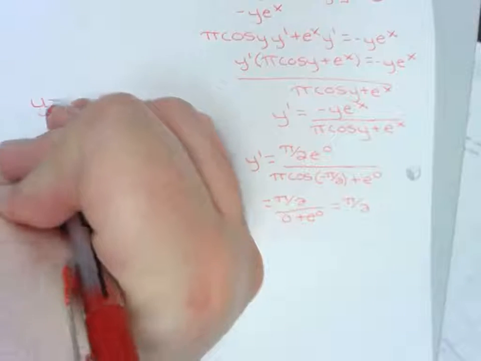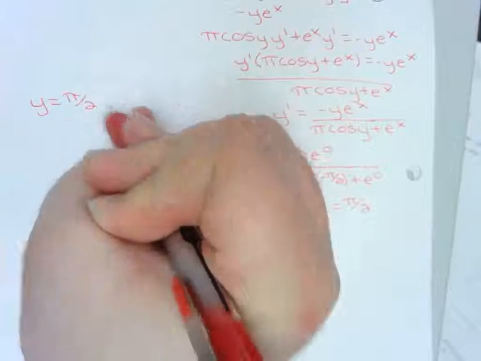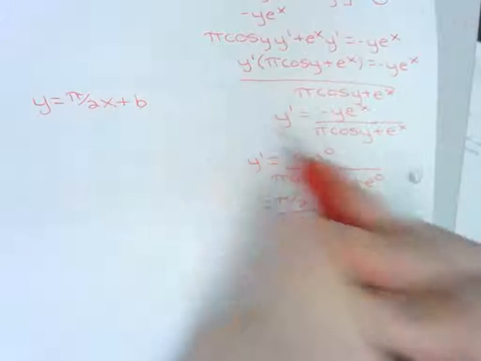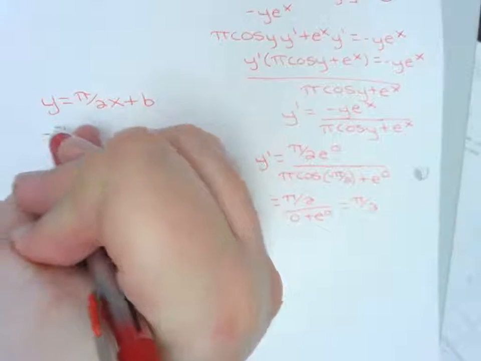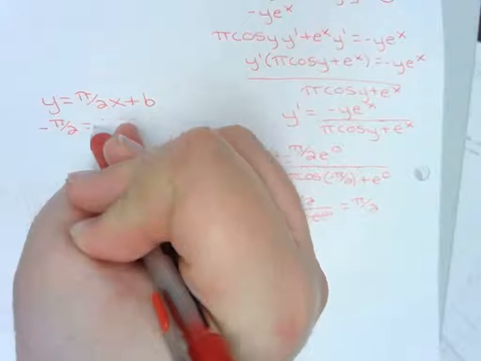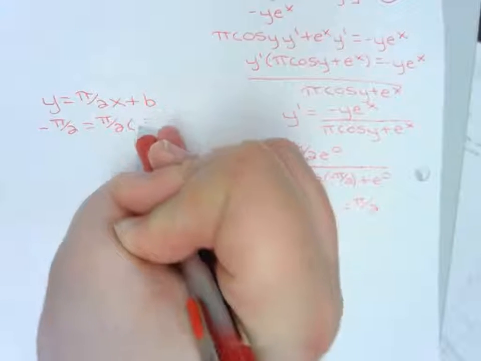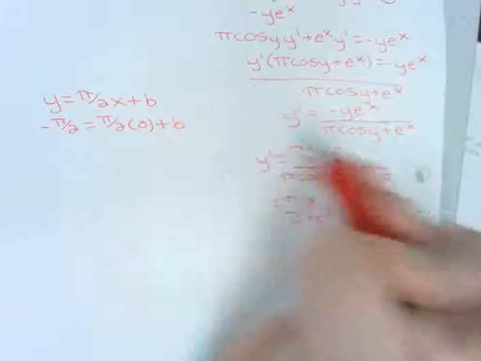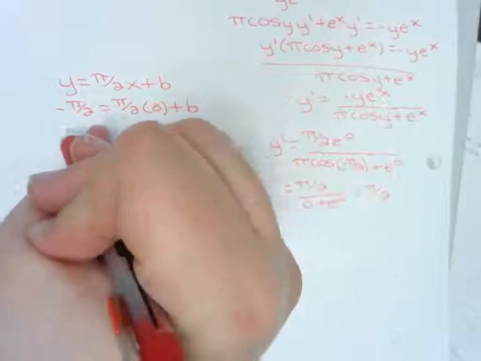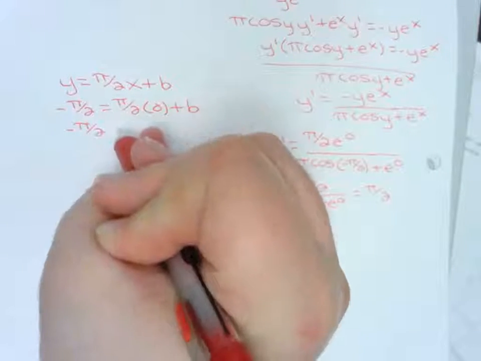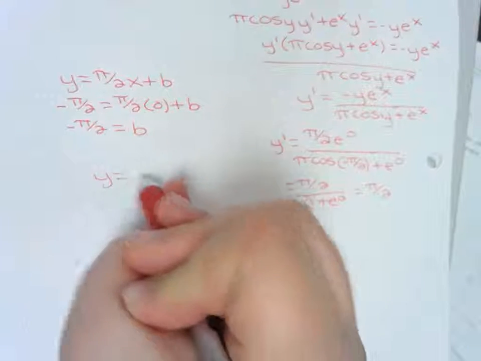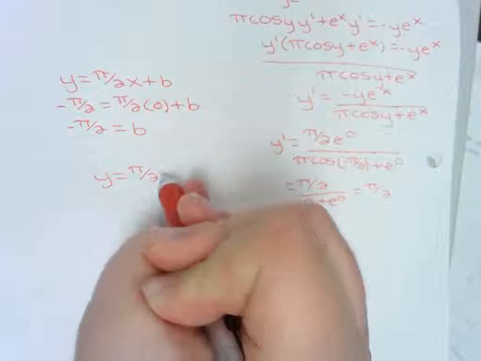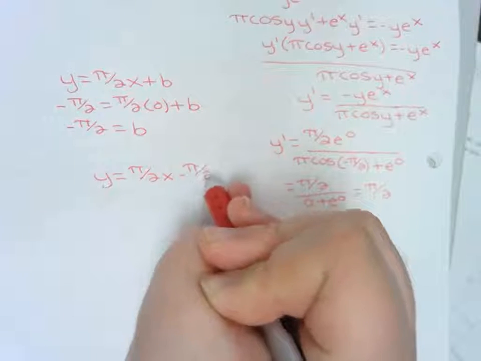To find the equation, I take y equals pi over 2 x plus b, like you did from algebra. Y is negative pi over 2, x is 0, so b is negative pi over 2. So your equation is y equals pi over 2 x minus pi over 2.